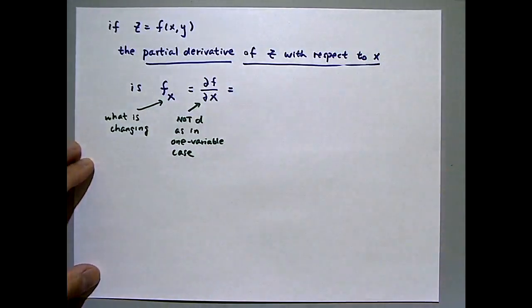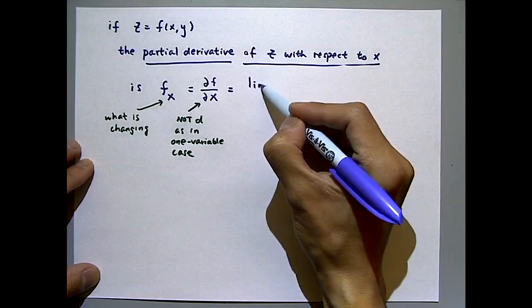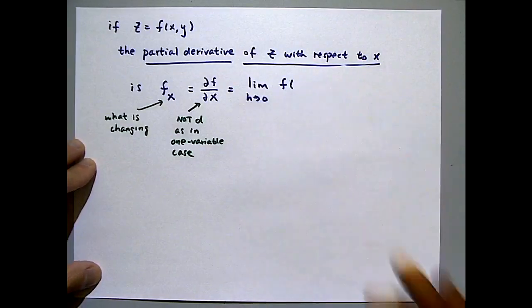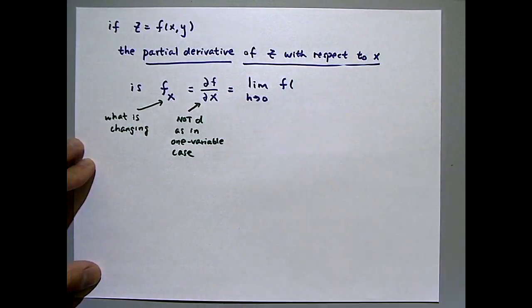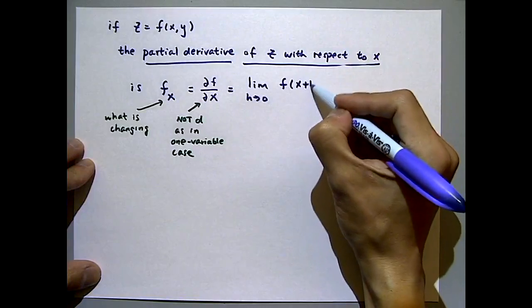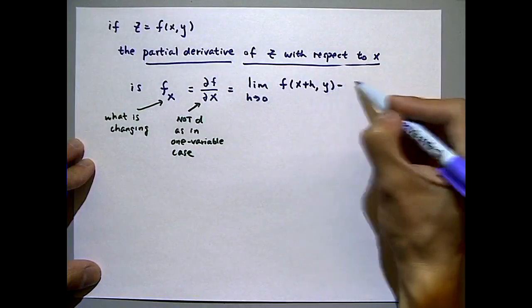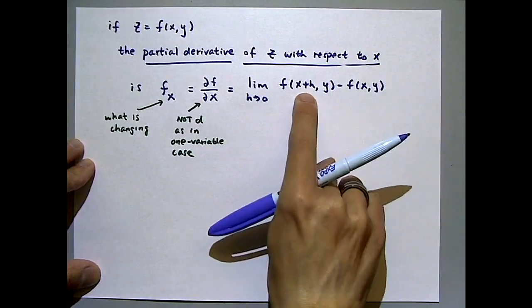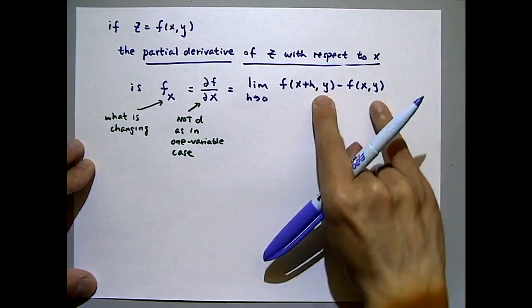And this, you treat just like a good old regular derivative. Limit as h goes to 0. f is a function of two variables. We're allowing x to change, so we do this on the top. All right, so we let x change, holding y constant.